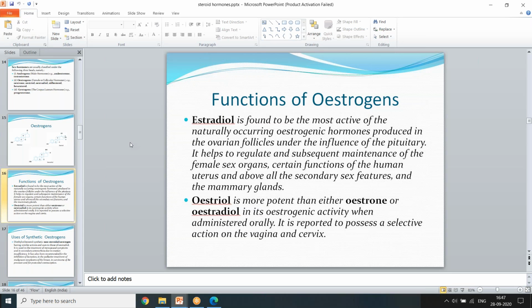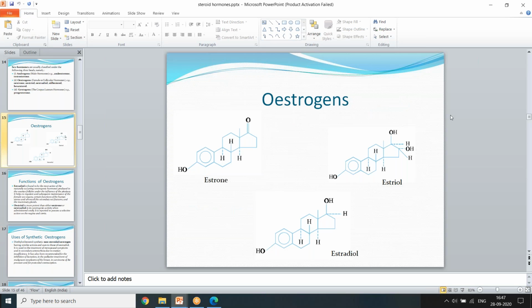Now, for some God forbid reason, if you face a situation where these hormones are not in sufficient amount, you need to use synthetic estrogens. Artificial estrogens means drugs which look similar to estrogens and also have an action similar to estrogens.